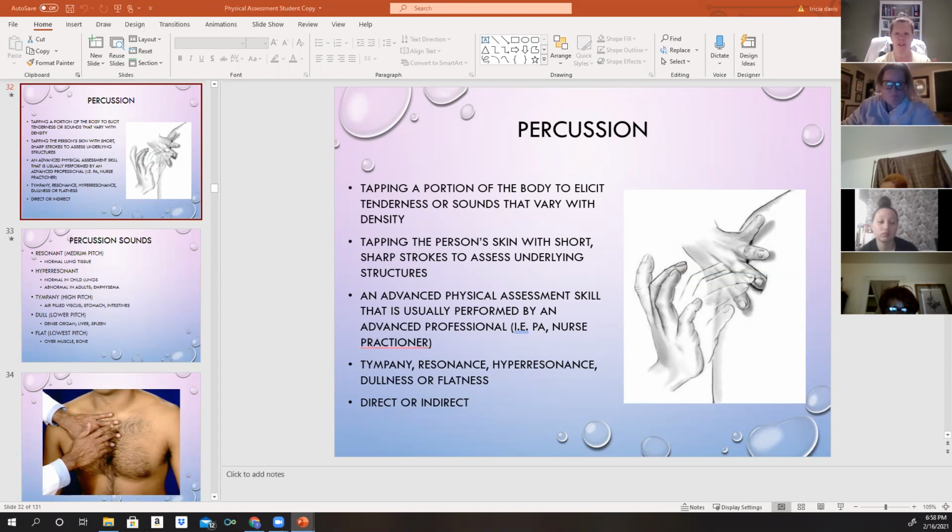It is an advanced physical assessment skill that is usually performed, like I told you guys, by that advanced practitioner, that advanced professional, so the PA and the nurse practitioner. The sounds that you would expect to hear would be tympany, resonance, hyperresonance, dullness, or flatness. And then we are looking for direct or indirect.